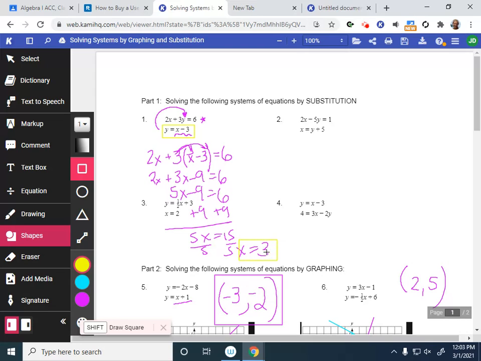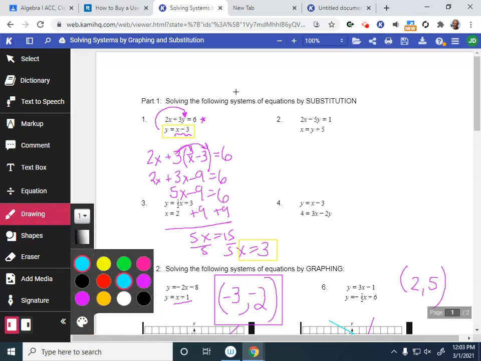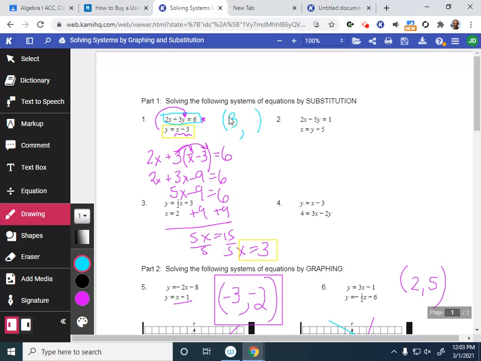That is not where I stop. If x equals 3, I also need to find y. In the end, I want a coordinate. I want to know what's the x and what's the y. So if I were to graph it, I would know what point these two things intersect. Just because this is in standard form doesn't mean it's not graphable. So if I could graph these, what point do they intersect at? Well, they intersect when x equals 3.